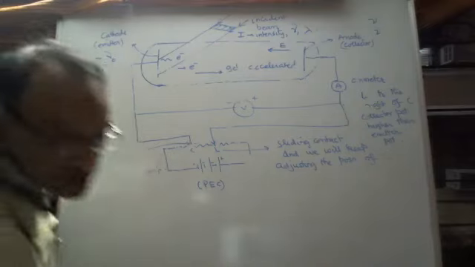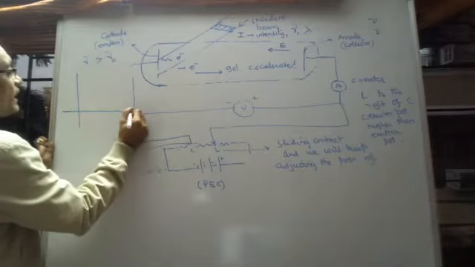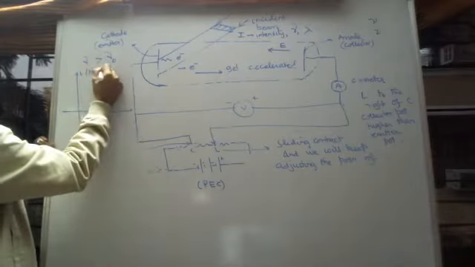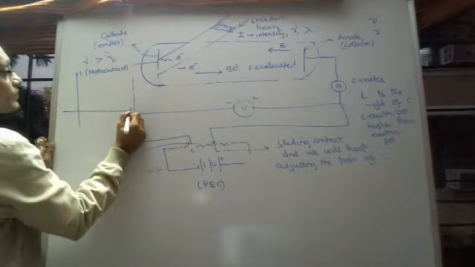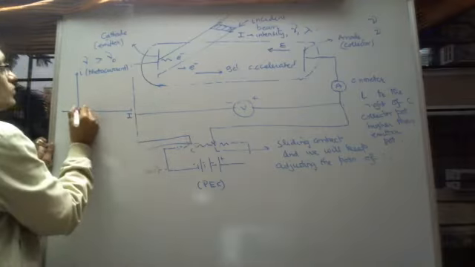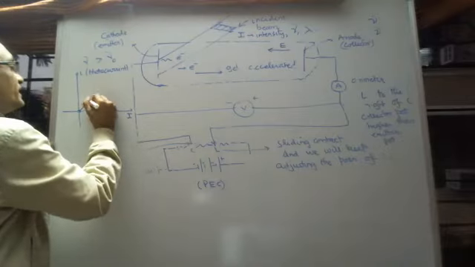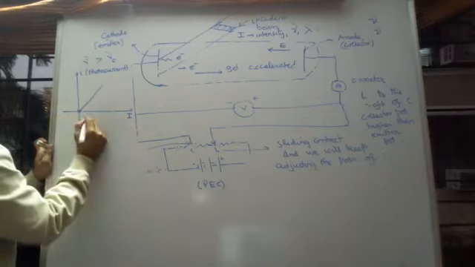So if I keep the frequency and wavelength the same, the photocurrent I varies with intensity I like this: when intensity is 0, there will be no photocurrent, and then it increases linearly.